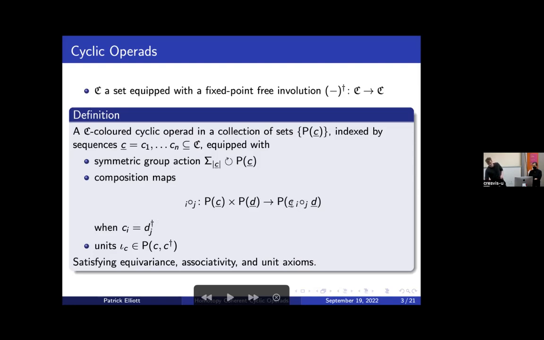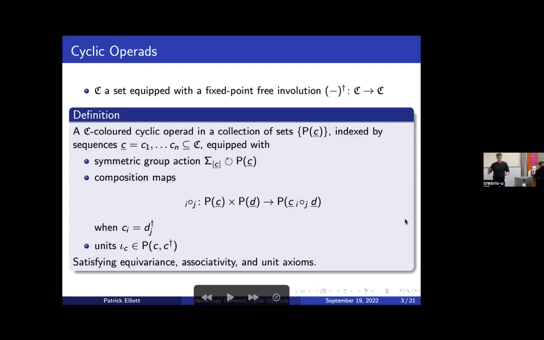And this is shorthand for: it goes C_1 up to C_{i-1}, then D_1 up to D_{j-1}, and then D_n back round again and through the C's again. Anyway, it doesn't really matter what that actually is.